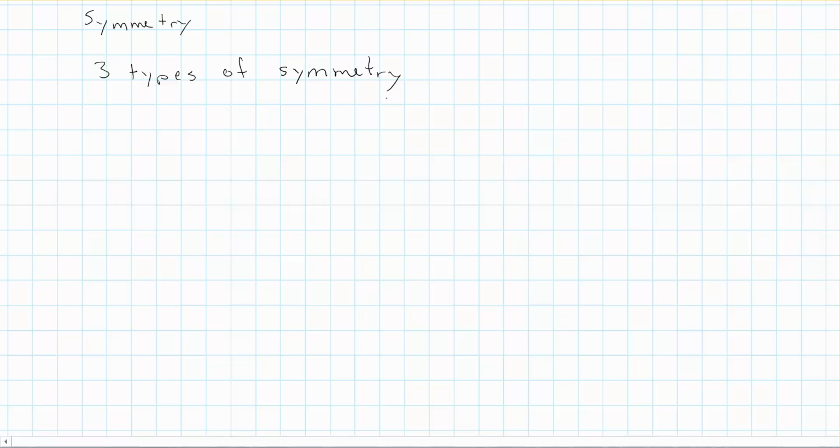We have one, symmetry with respect to the x-axis.